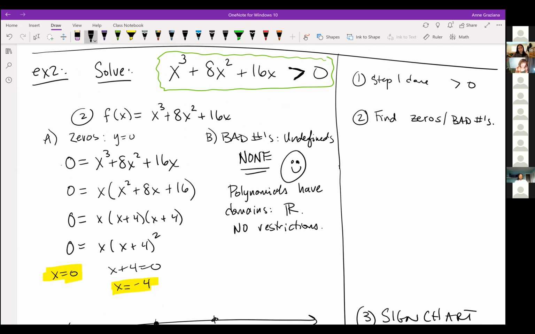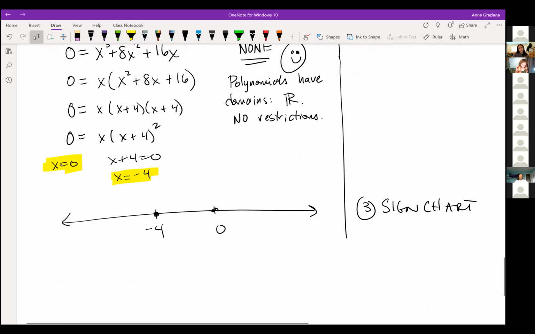So if we wanted to be careful, we could automatically put open circles there.